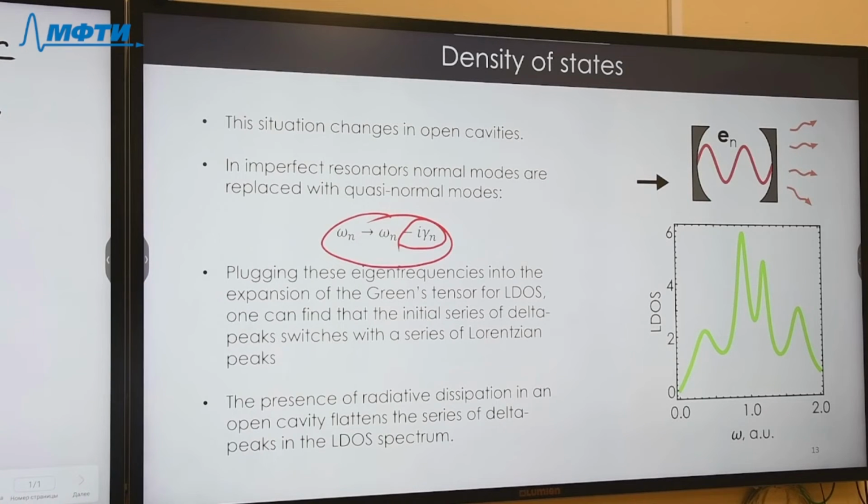So basically, the presence of radiative losses in the cavity transforms a series of sharp delta peaks into a smooth spectrum that consists of a series of Lorentz peaks.